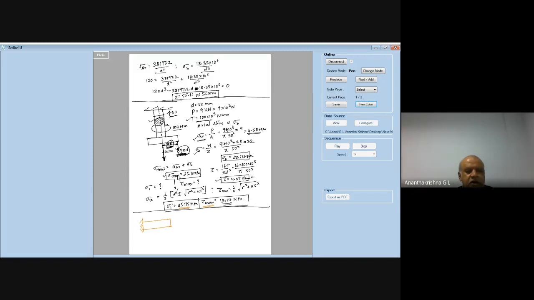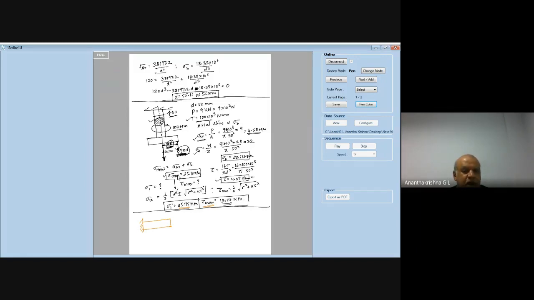Acting downwards at the free end of the beam, which has a span of 800 mm.